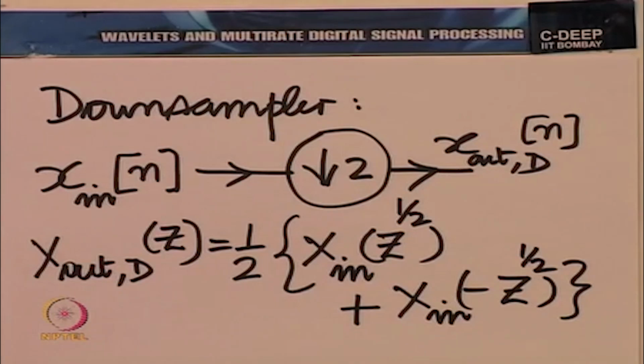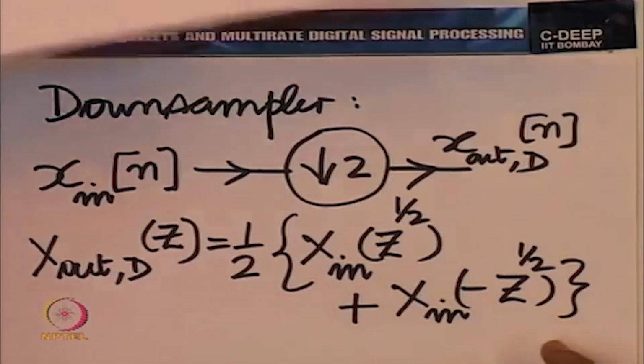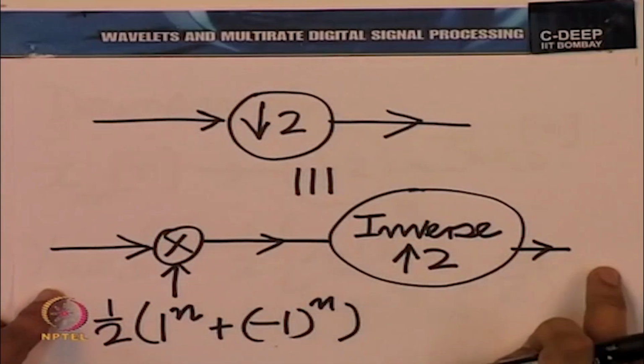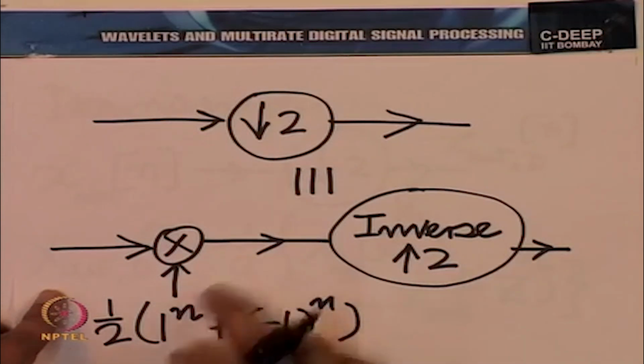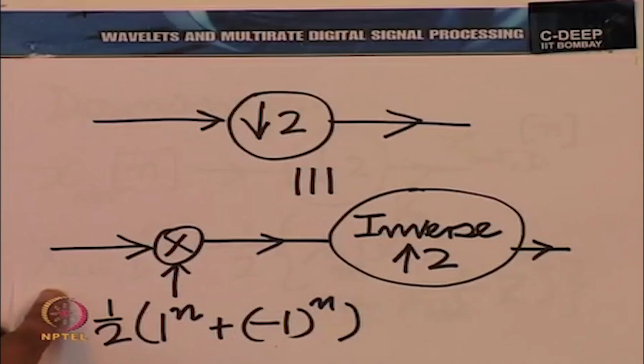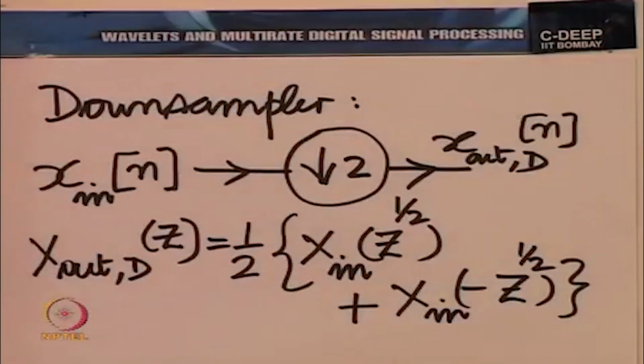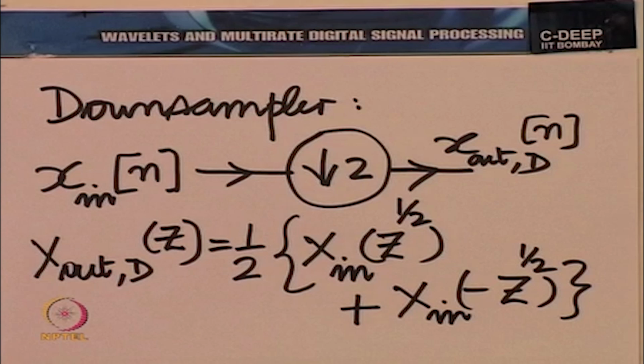We had derived this towards the end of the previous lecture. And of course, if you did not wish to go beyond the inverse upsampler at this point, instead of z raised to the power half, you would simply have z. So much so then for the z domain effect of downsampling and upsampling.